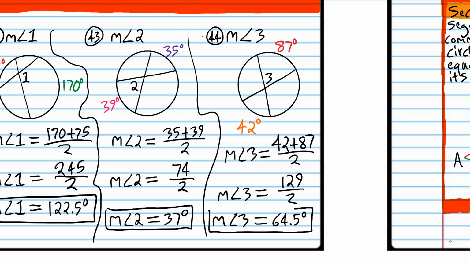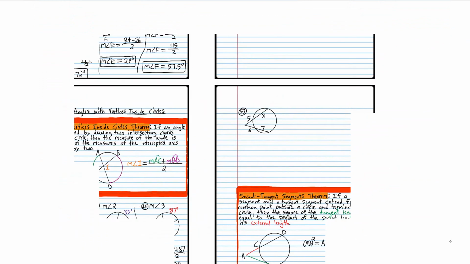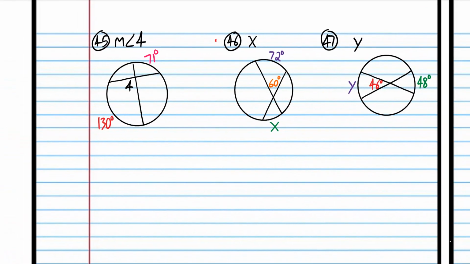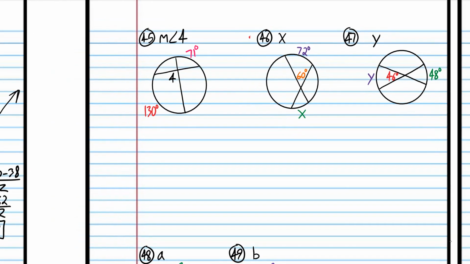So if you got that answer, good job. Don't be afraid to use your calculator on these problems. So try number 45, and when you come back, we'll do it together. All right, we're back. Measure of angle 4 is equal to 130 plus 71 divided by 2.